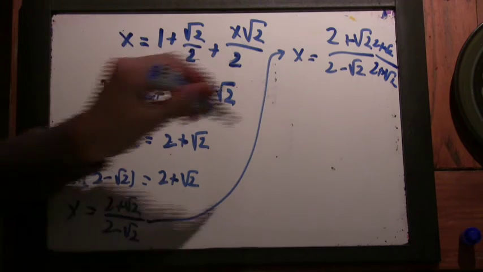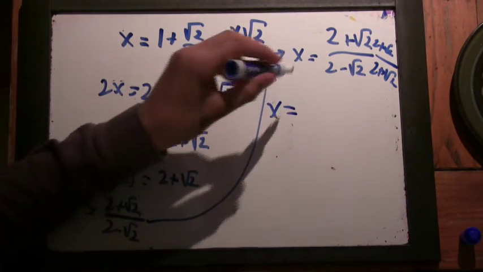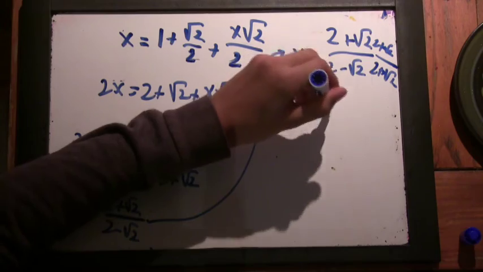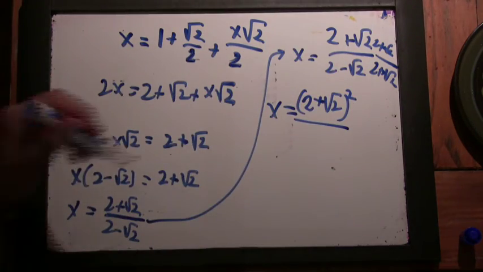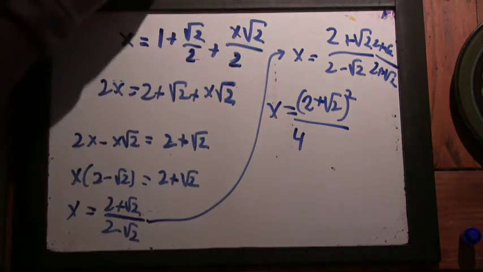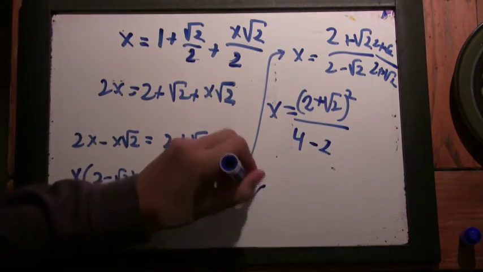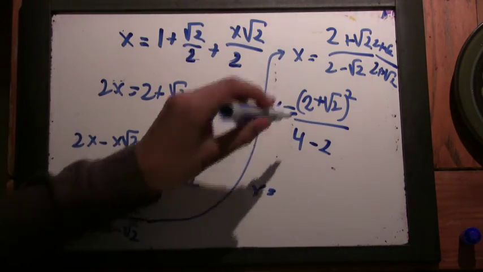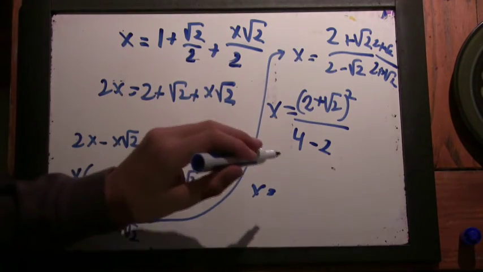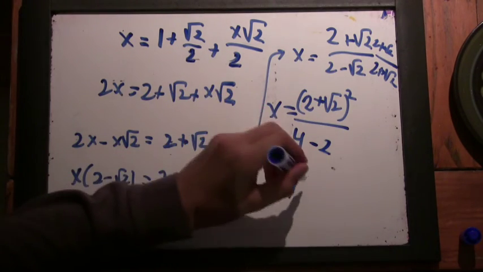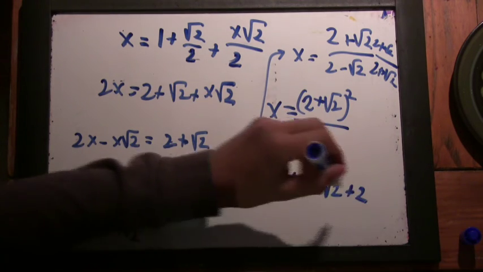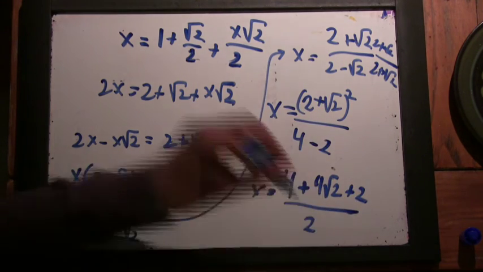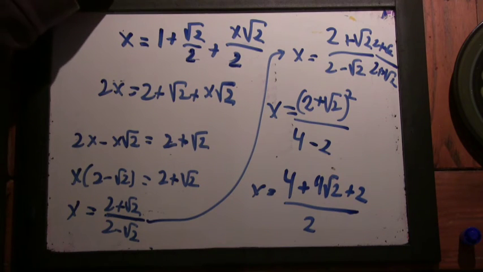Okay. So then we have x equals 2 plus root 2 squared over 4 minus 2, so x equals, should I just leave this as 2 plus root 2 squared? No, multiply down. Alright. 4 plus 4 root 2 plus 2 over 2.